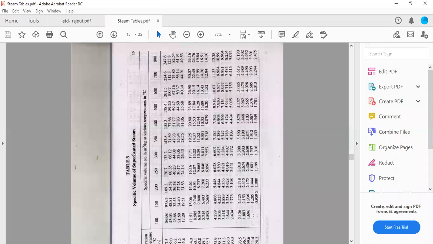And for superheat steam also there may be specific volume values given. So specific volume values of superheated steam are given corresponding to certain temperatures. So here specific volume values are given, and we require enthalpy.